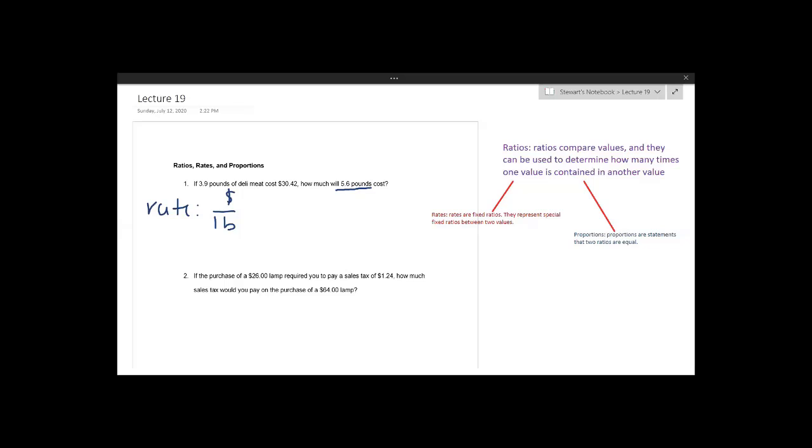Okay, so when we do that, we have to evaluate what we have. We have the cost initially of 30.42 for 3.9 pounds. So we do 30.42 divided by 3.9 pounds.